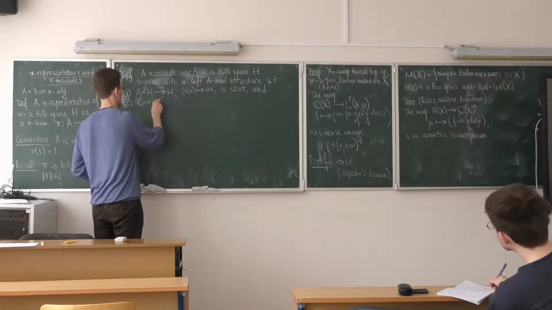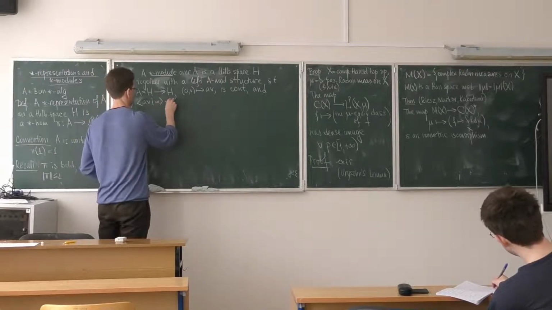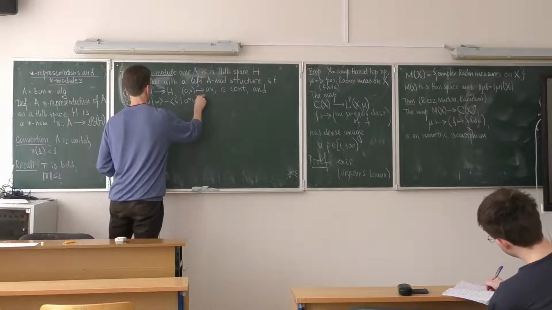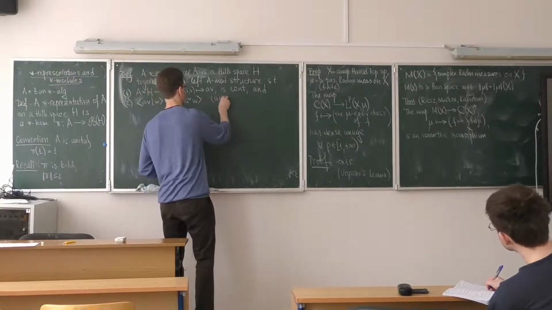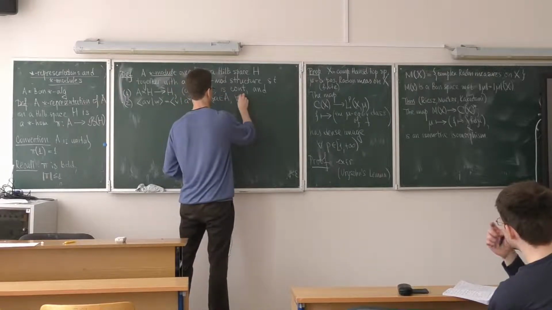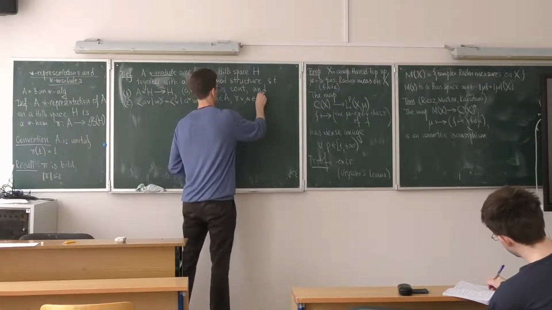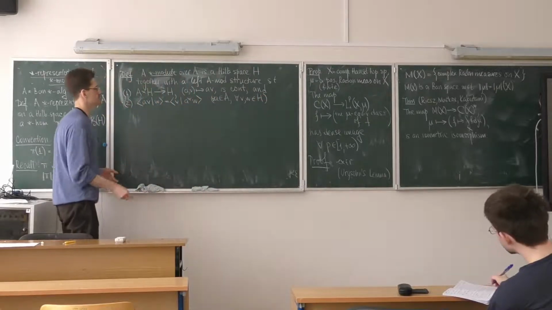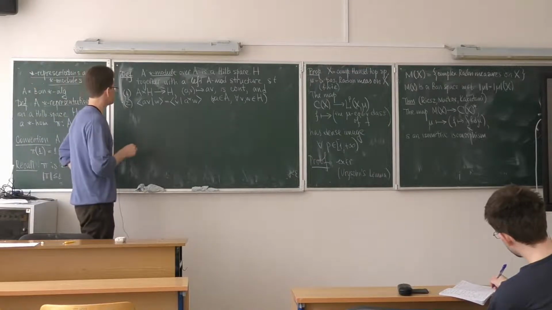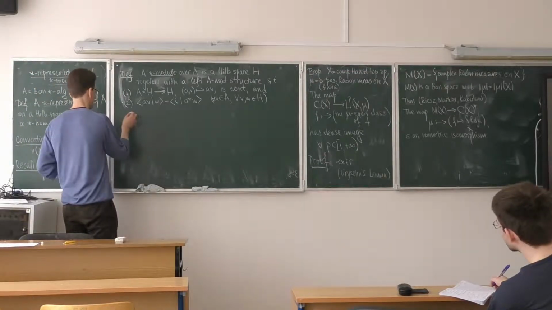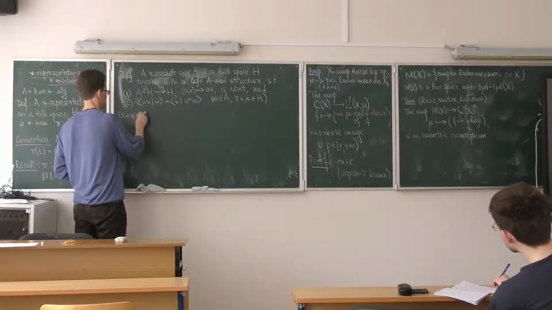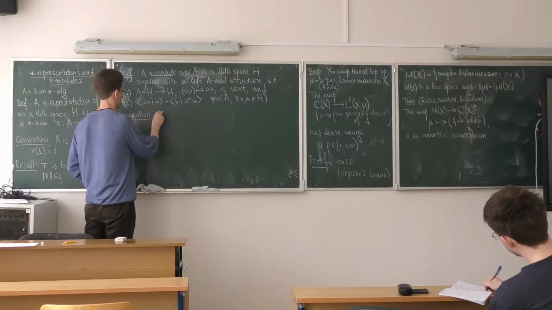The inner product of av and w is equal to the inner product of v and a star w, for all a in our algebra and for all v and w in our space. And also we adopt the convention that the identity of the algebra acts by the identity map.